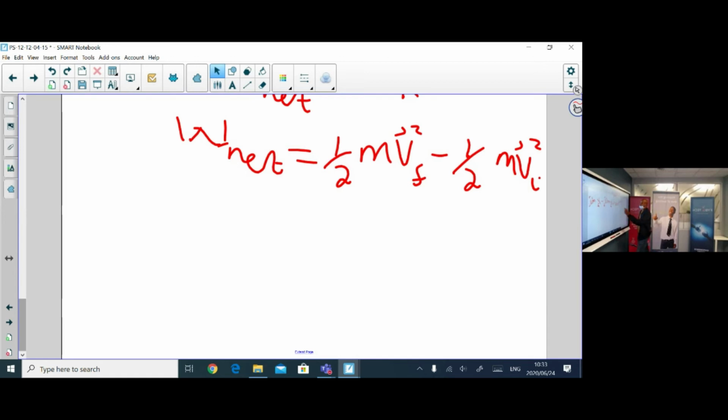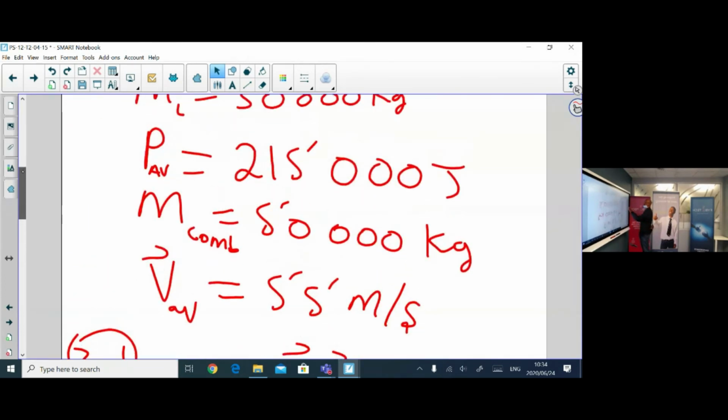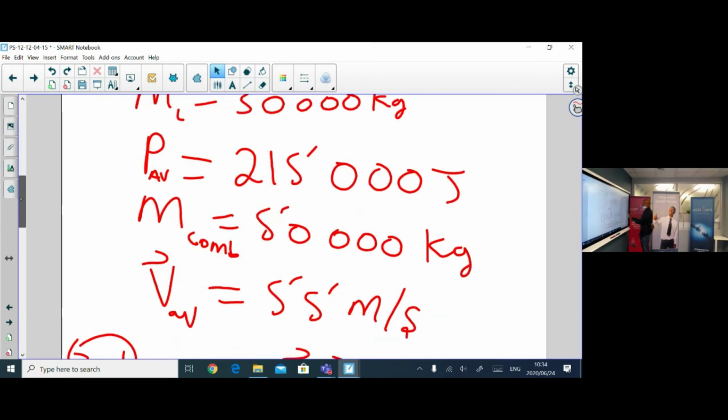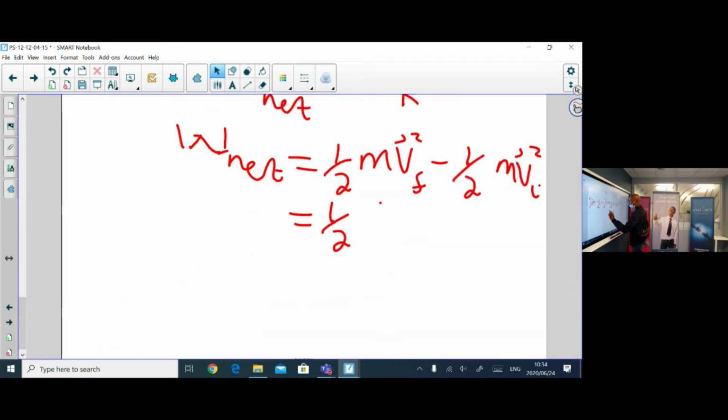Which is equal to half. The mass there is supposed to be the combined mass. Is that clear? The combined mass plus the mass of the locomotive, which is 50,000 plus 30,000, which is 80,000.